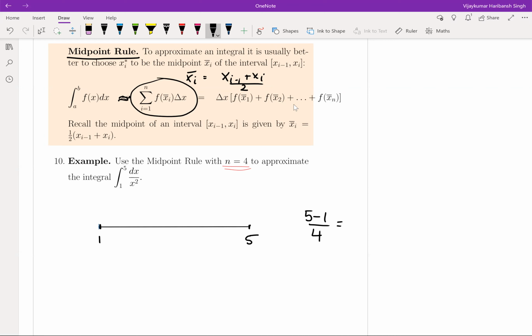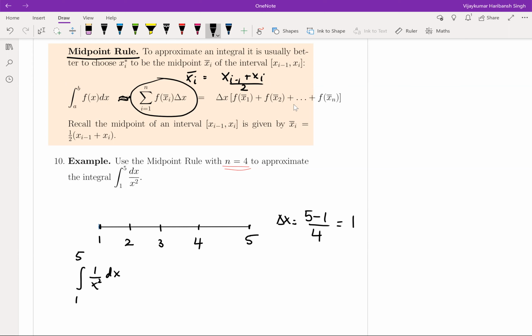So that is going to be 1. So the intervals are going to be 1 to 2, 2 to 3, 3 to 4, and then 4 to 5. So delta x is just 1, for this integral from 1 to 5 of 1 by x squared dx.